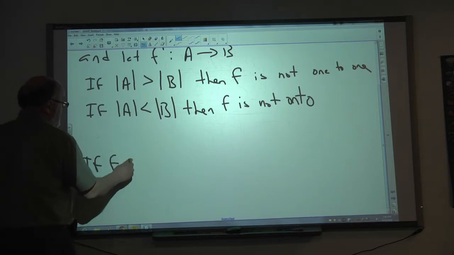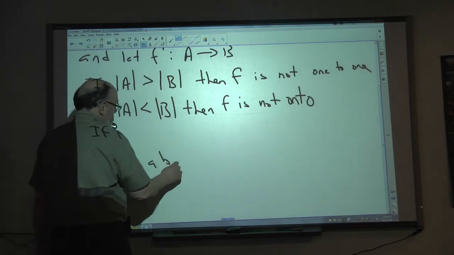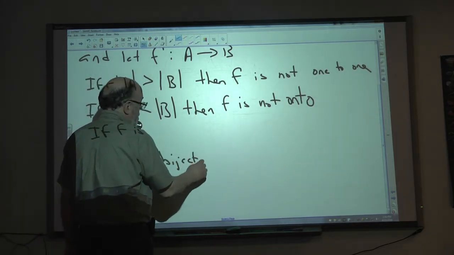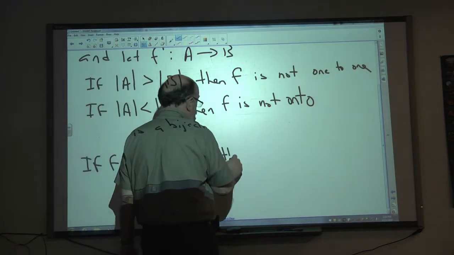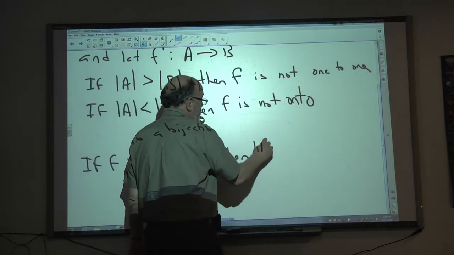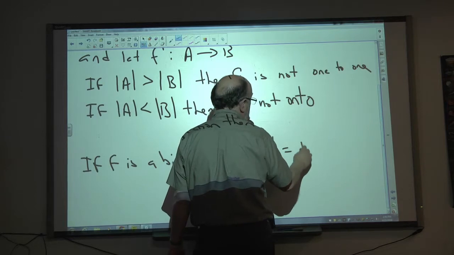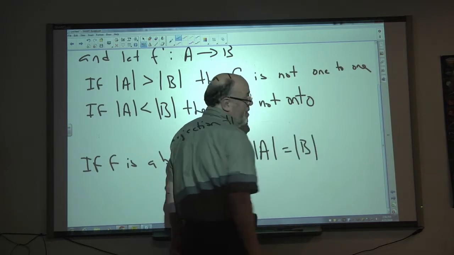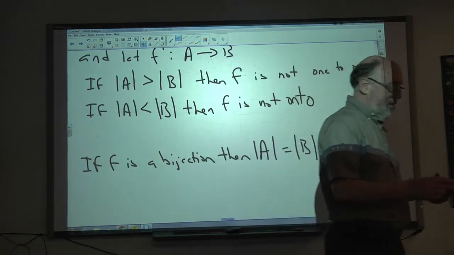If F is a bijection, then the cardinality of A is equal to the cardinality of B.